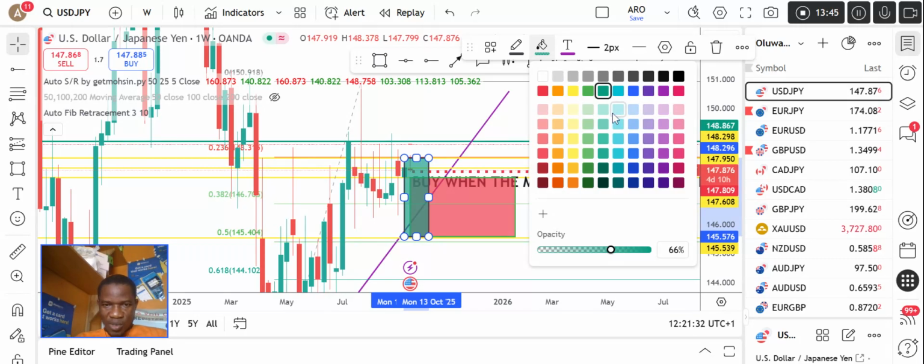So that's what we want to do. We are selling if the market comes here. Then we are buying if it comes to the side.